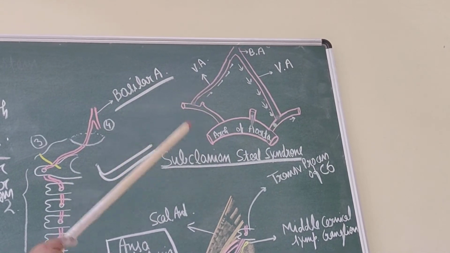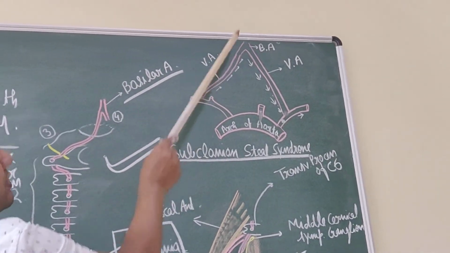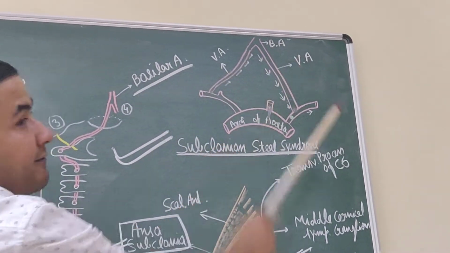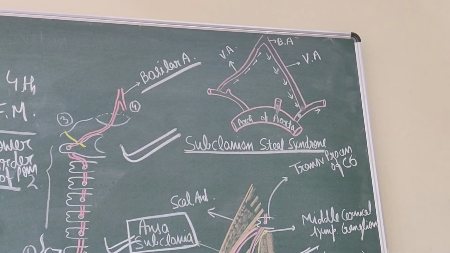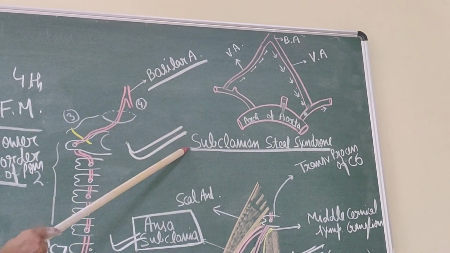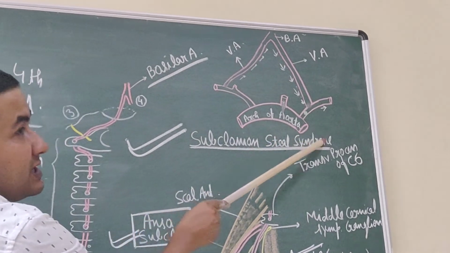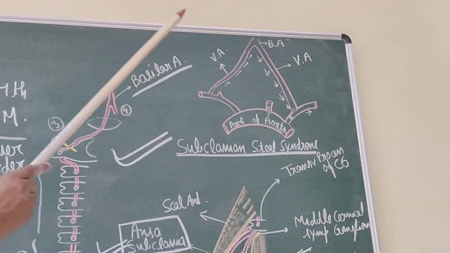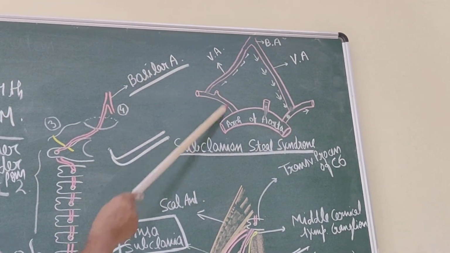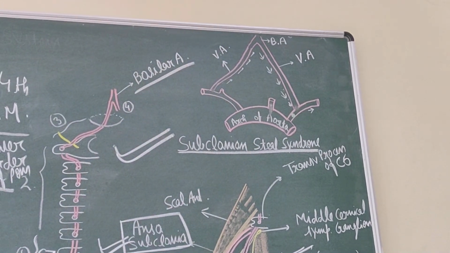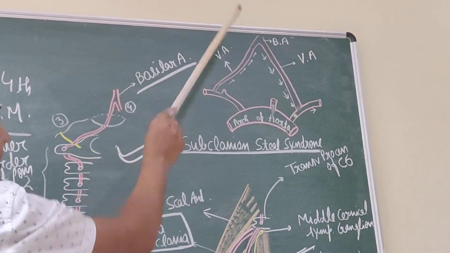So some amount of the blood that goes to the brain is stolen by the vertebral artery of the opposite side. That is why it is known as the subclavian steal syndrome, and it will have an ischemic effect on the blood supply of the brain.